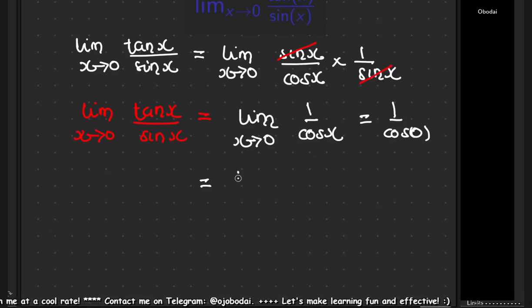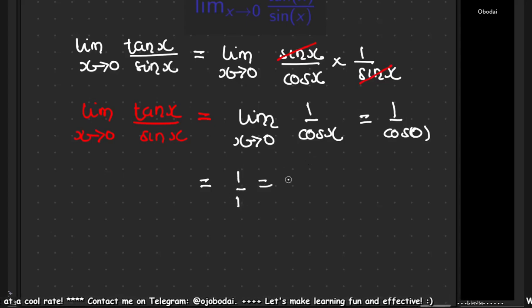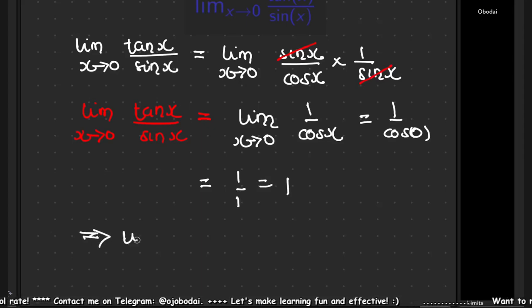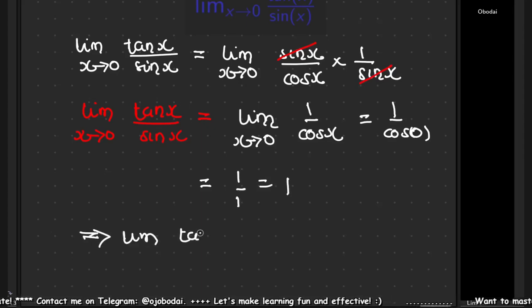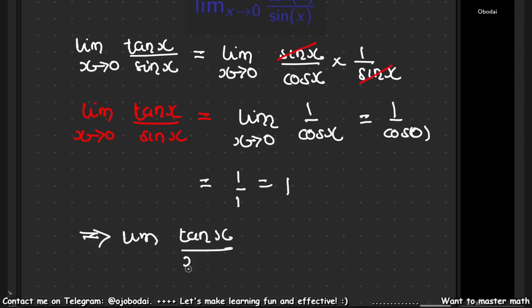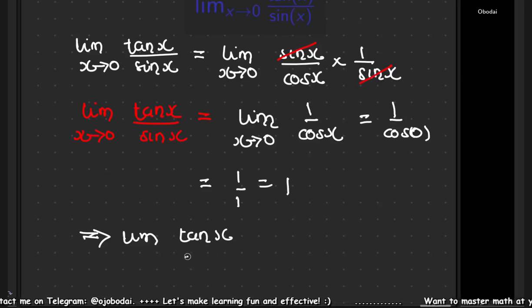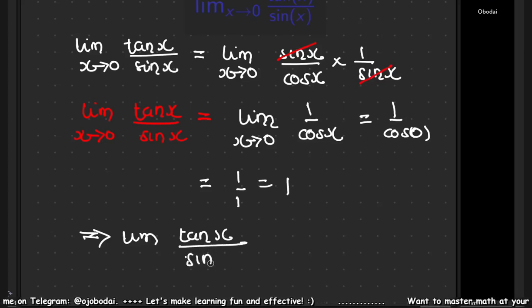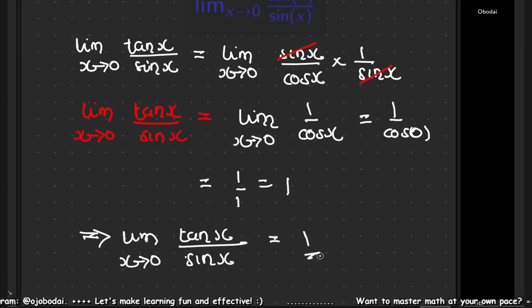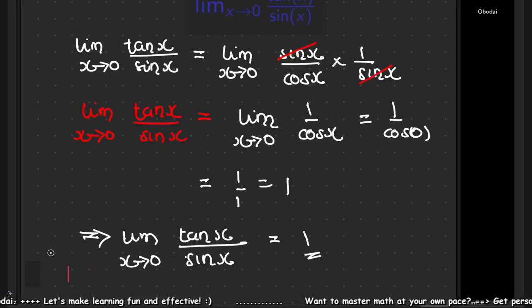Hence we have 1 over 1, which is equal to 1. So this simply implies that the limit of the tangent of x over the sine of x as x approaches 0 is equal to 1.